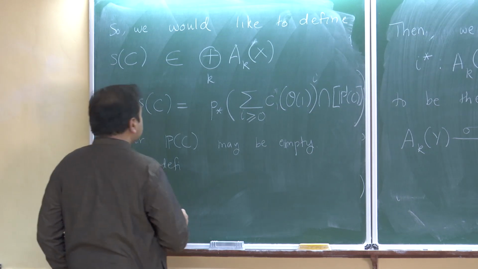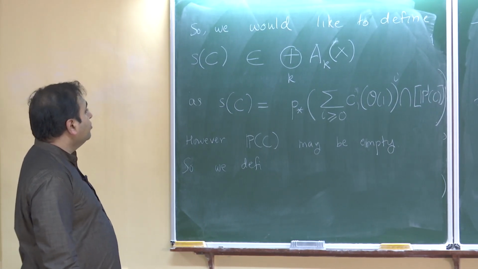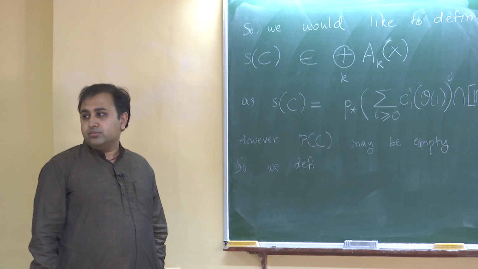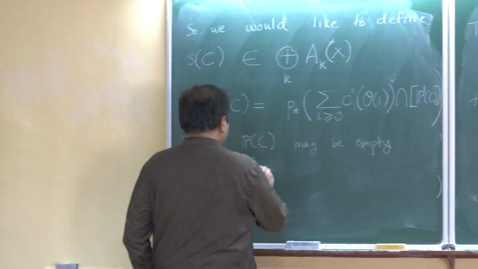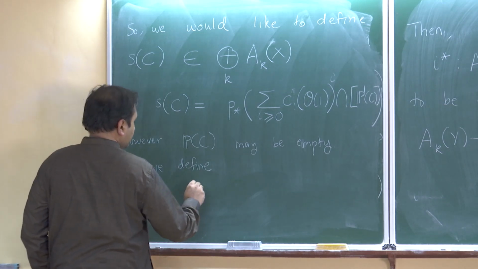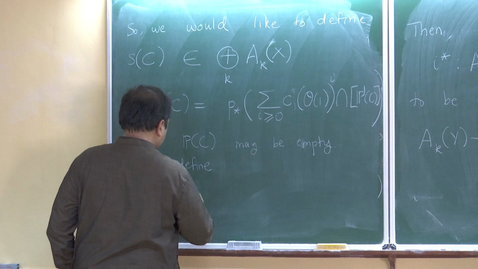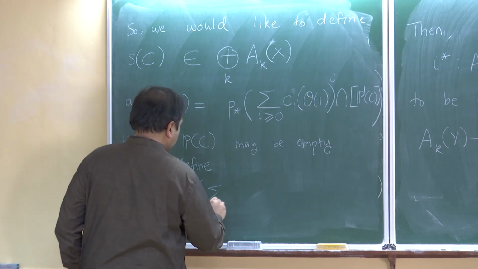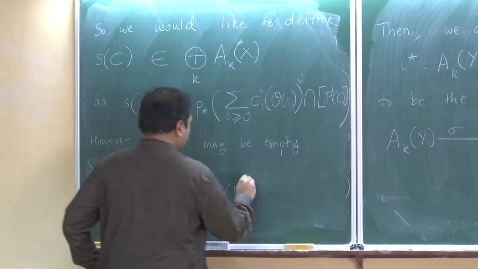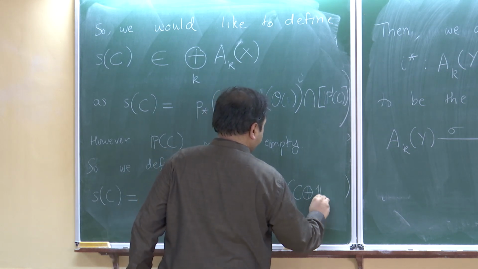For example, what if C is equal to X? To avoid this, we define s(C) equal to p lower star of the sum over i greater than or equal to 0 of c_1(O(1))^i cap [P(C plus 1)].